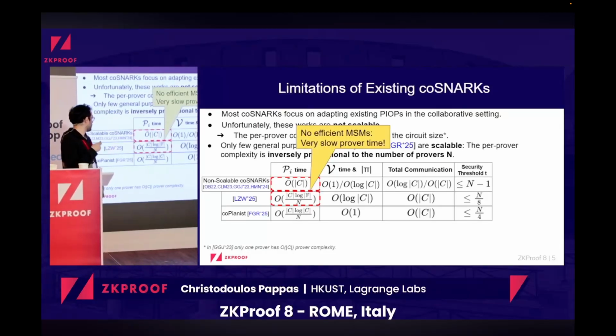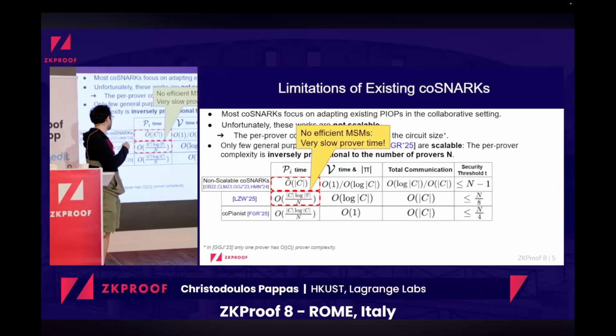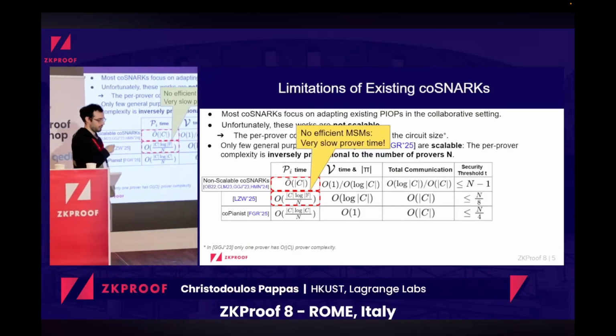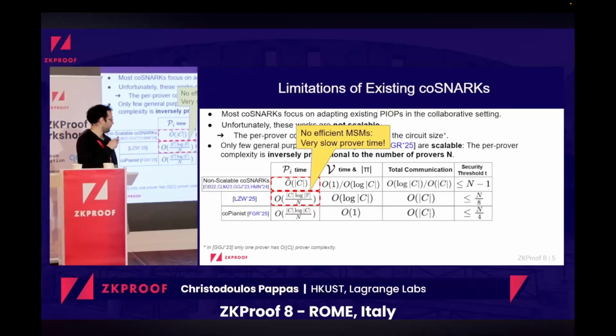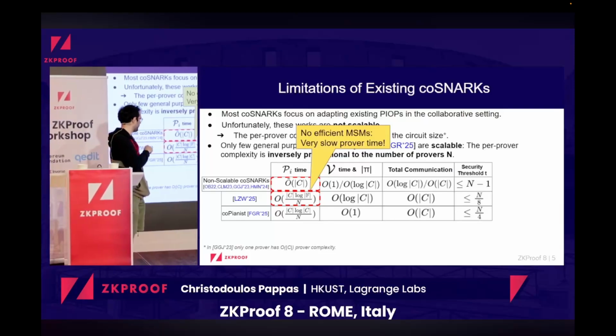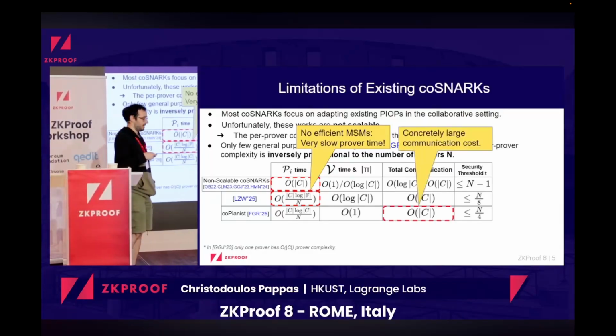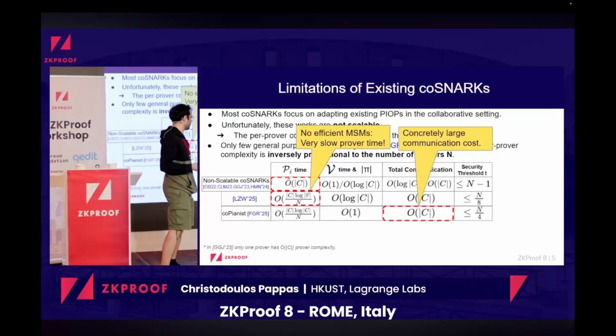First of all, the initial work does not support efficient multiscalar multiplications, and so it is concretely very, very slow. Now, the second work, which is Compianist, while it overcomes the limitations of the first work and also has a better security threshold, unfortunately, it has concretely large communication cost.